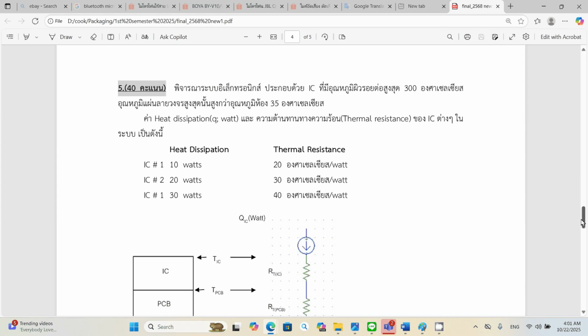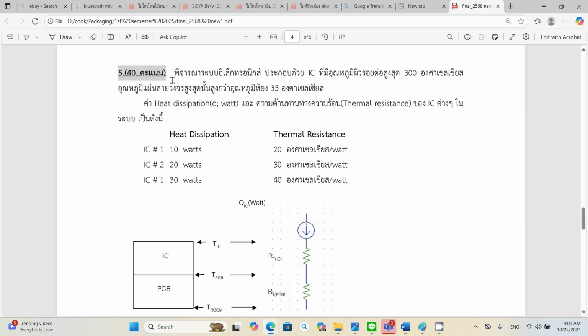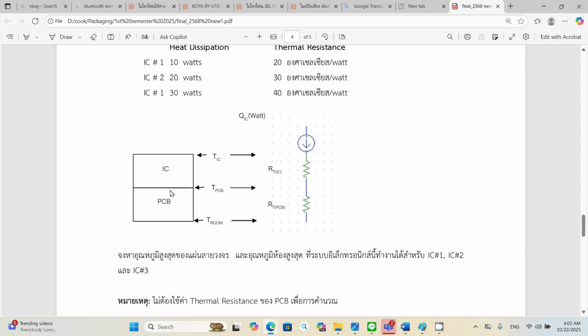Now number 5 is about thermal analysis or a thermal resistance network. You have an IC just right here. Let's take a look at the picture. And the PCB.